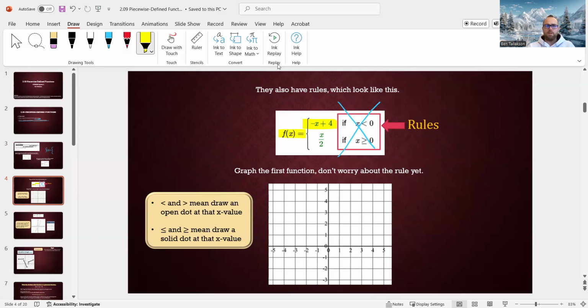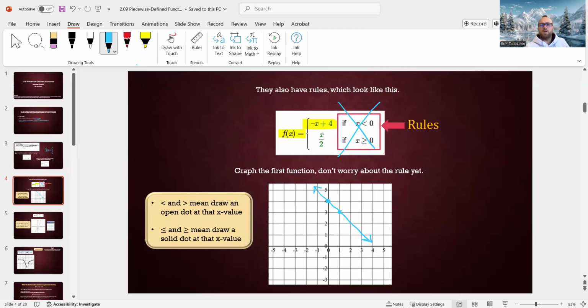How would you graph that? Well, by now you should be an expert at graphing straight lines. This is in slope-intercept form. So we put our y-intercept at 4 and our slope of -1. Connect the dots. There it is.